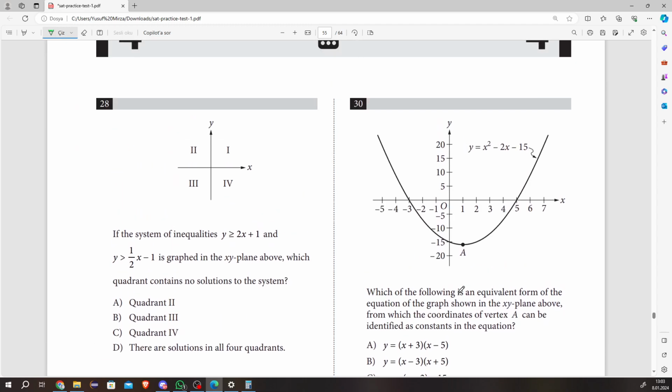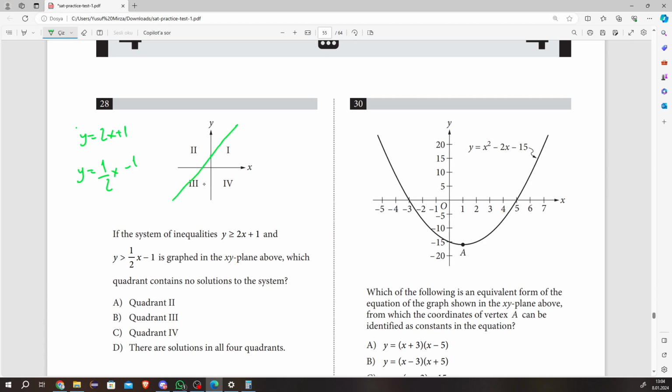Solutions. If the system of inequalities, let's change it to this to look at the questions more clearly. So if you give 0 for this, you start there, and the slope of this is 2.